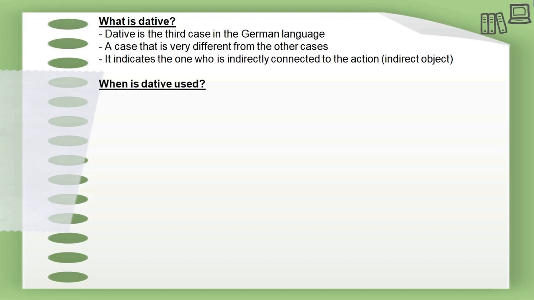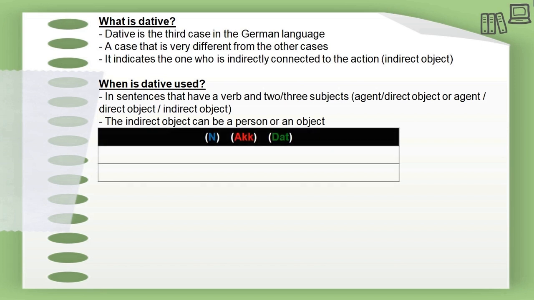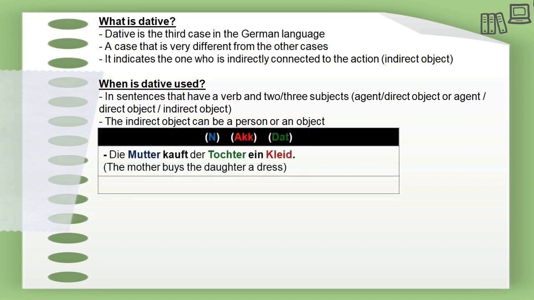When is dative used? In sentences that have a verb and two or three objects: agent, direct object, and indirect object. The indirect object can be a person or an object. For example, die Mutter kauft der Tochter ein Kleid.